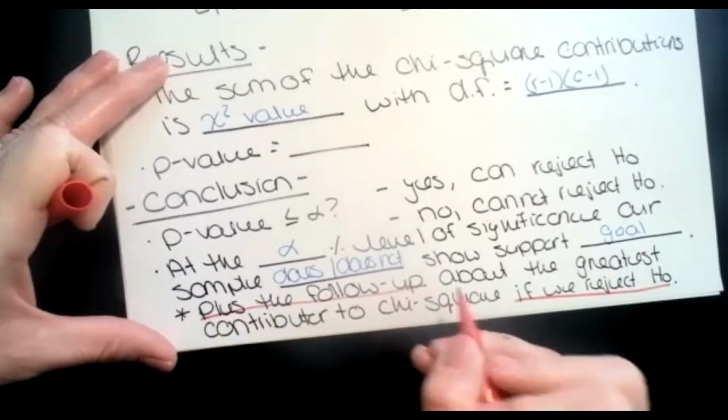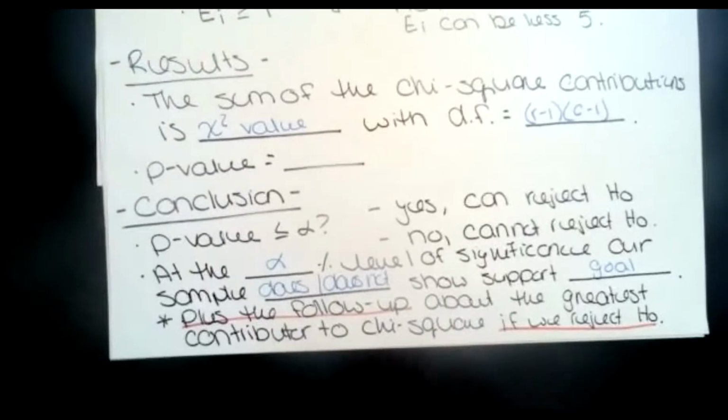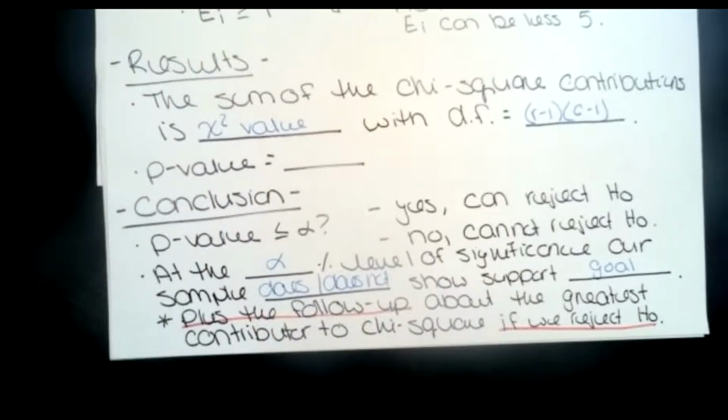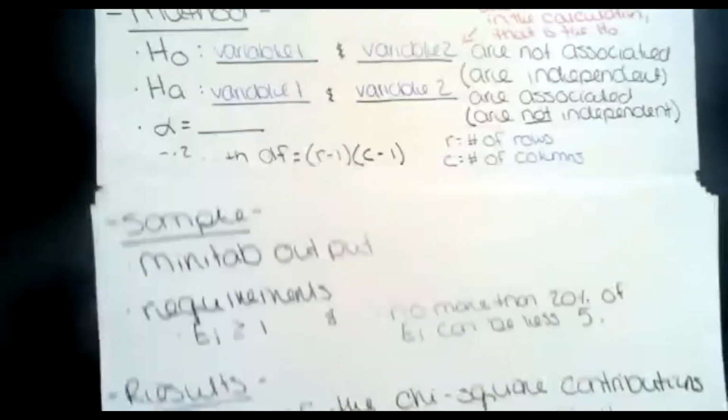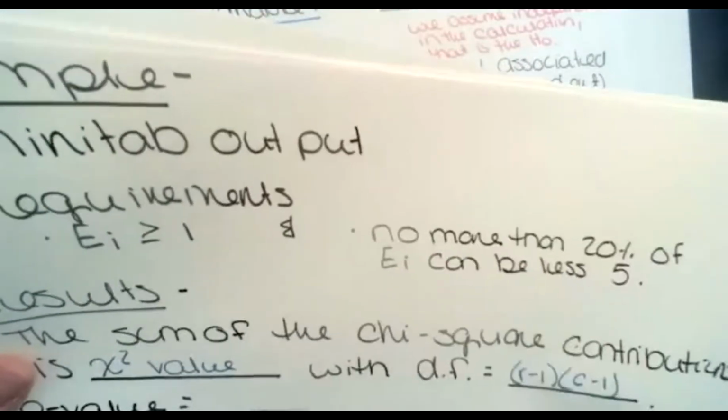So it's the follow-up statement only when we reject. We're never going to include it if we don't, because if we don't, then we're saying nothing's different, right, from last class. And if we don't reject the null, then we're going to say that these two are not associated.